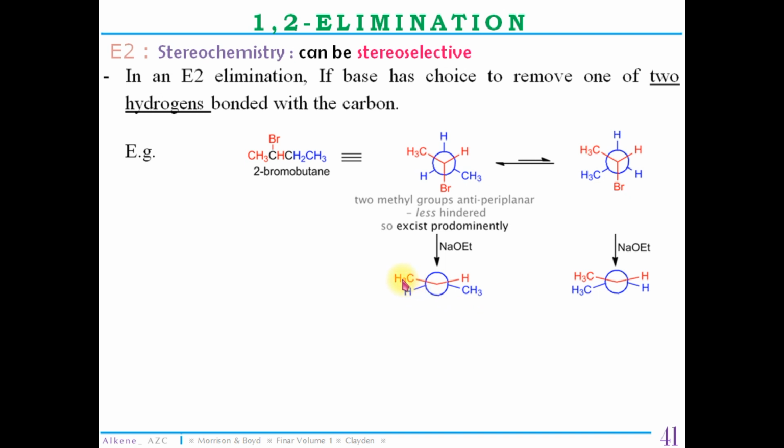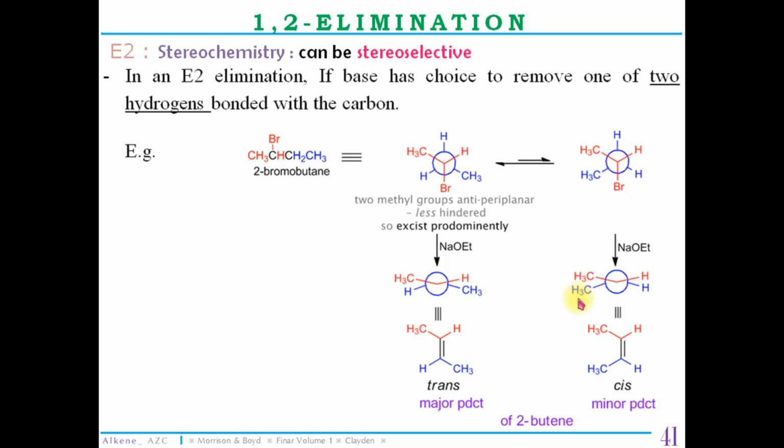Here both methyl groups are on the opposite side, so it is the trans alkene, and here the alkyl groups are on the same side, so it is the cis alkene. As this projection exists predominantly, we will get the trans isomer predominantly as the major product of 2-butene.